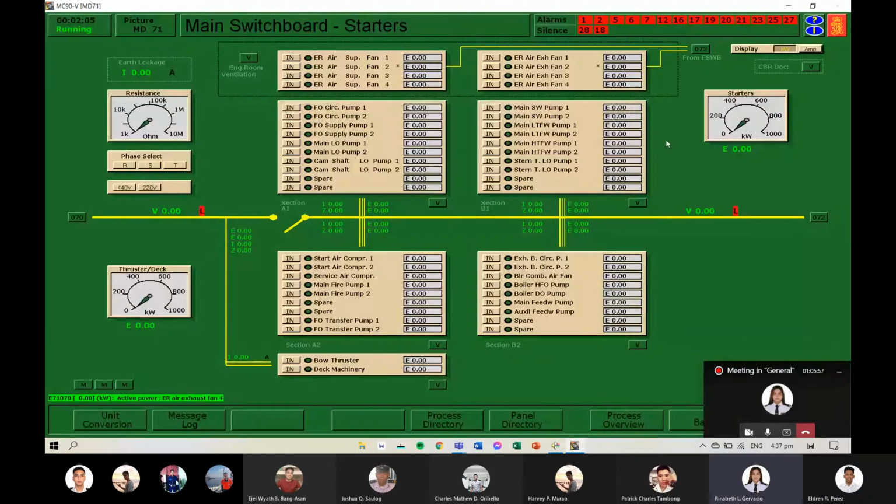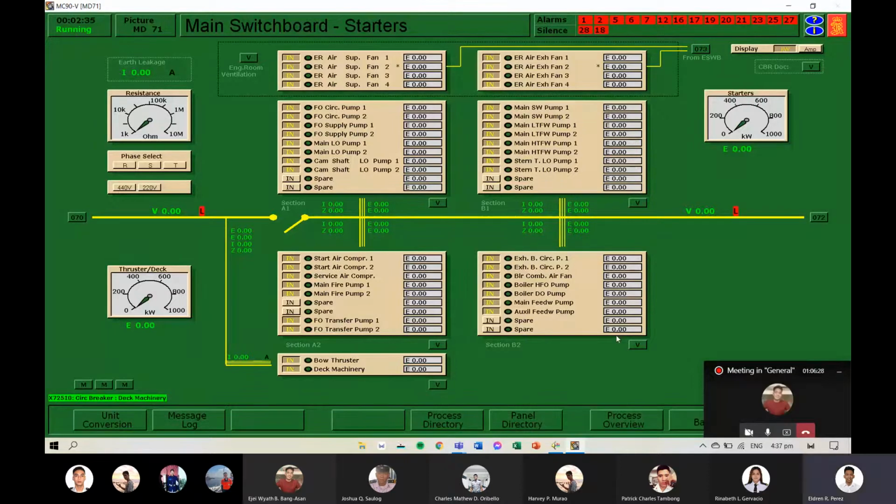Feeders, done, then put breaker in, except spare. Done. Put all the breakers in on main switchboard, except spare. Done.